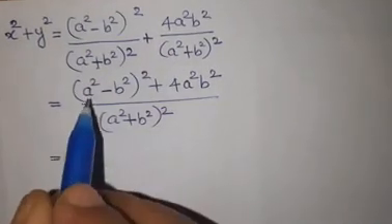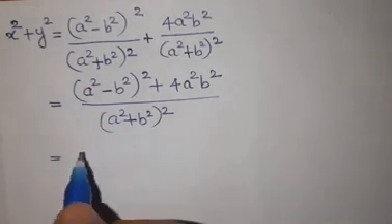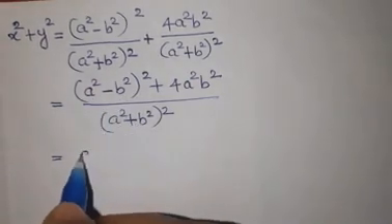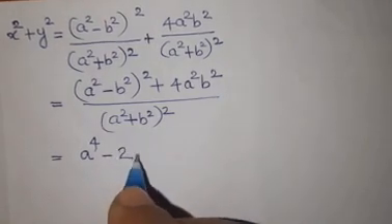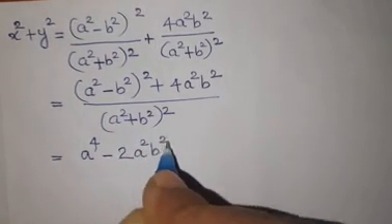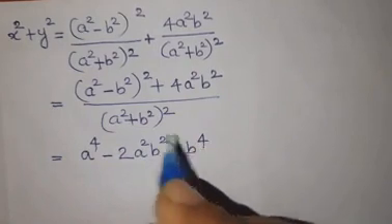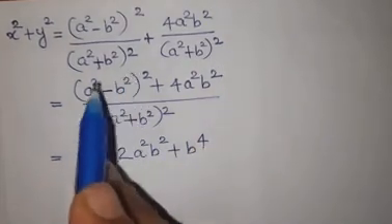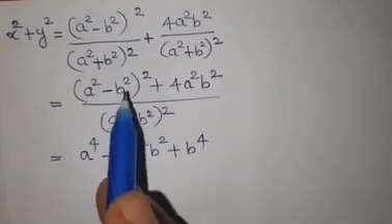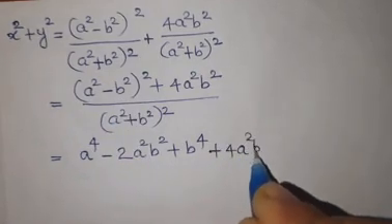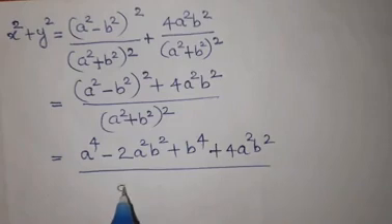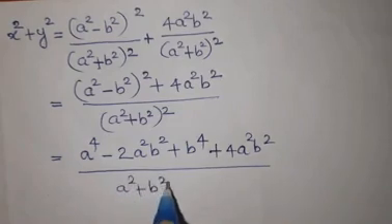Now let us expand the numerator. (a square minus b square) the whole square is a raised to 4, minus 2a square b square, plus b raised to 4, plus 4a square b square, divided by (a square plus b square) the whole square.